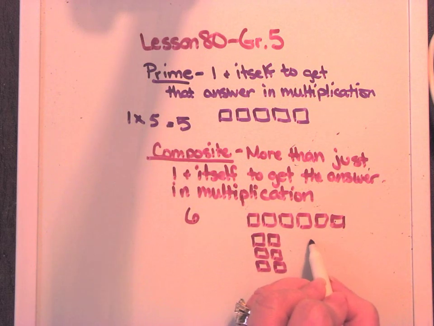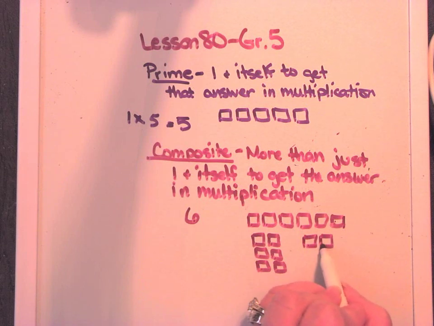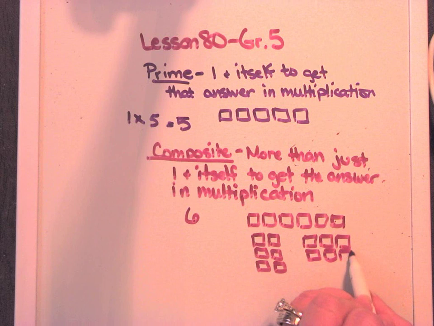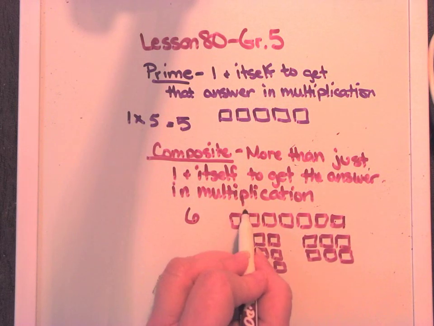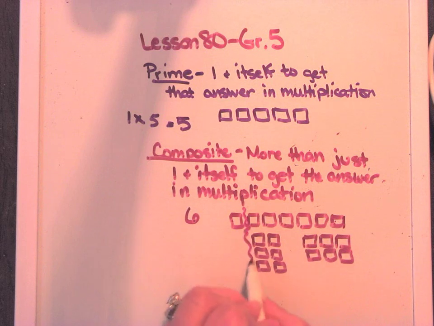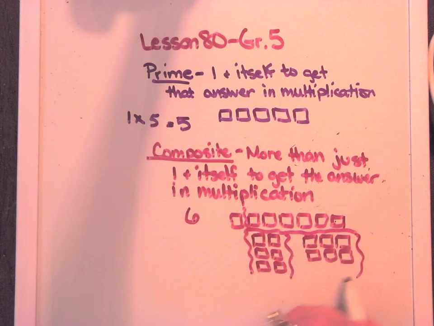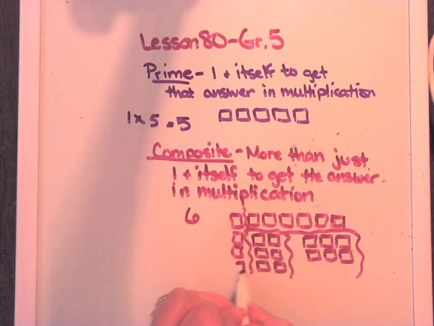Which is the same as 3 by 2, right? I can do it by 3s like this too. And then of course the other way for this one is just up and down, if I put a dividing line in between these. Alright, so you can see them in different sections. 1, 2, 3, 4, 5, 6.